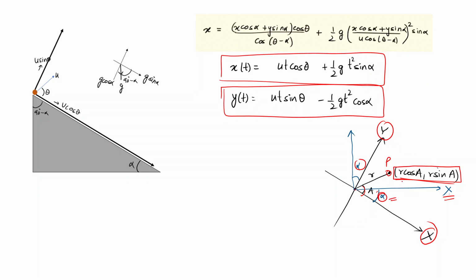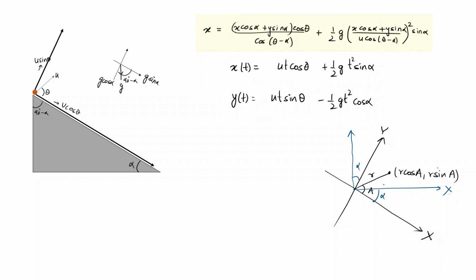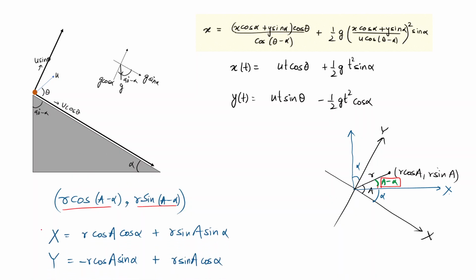What happens is that the new coordinate of this point P would be, take a look, this angle is A minus alpha, and from here you can write the new coordinates as r cos(A minus alpha), r sin(A minus alpha). Let's denote the new coordinates by capital X and capital Y. You expand these terms and you will get this.